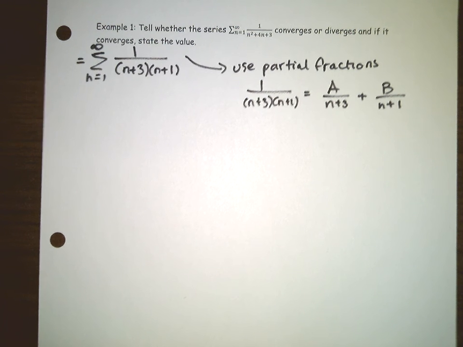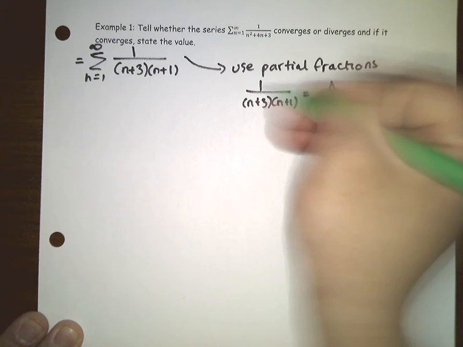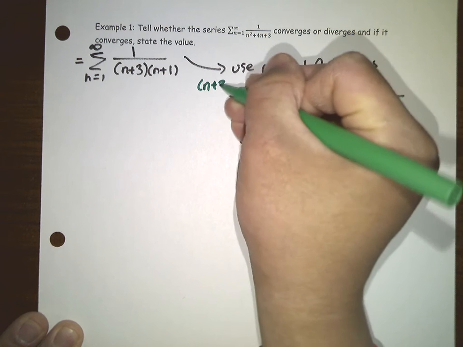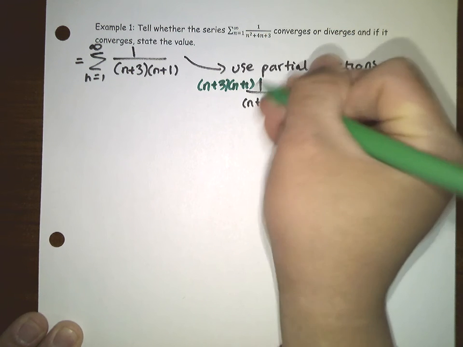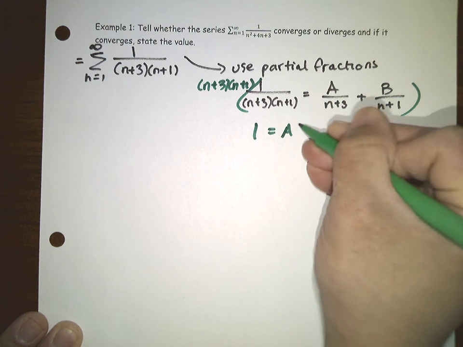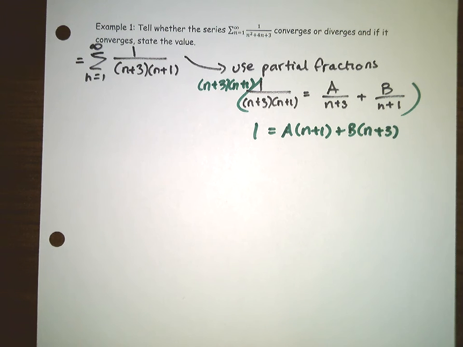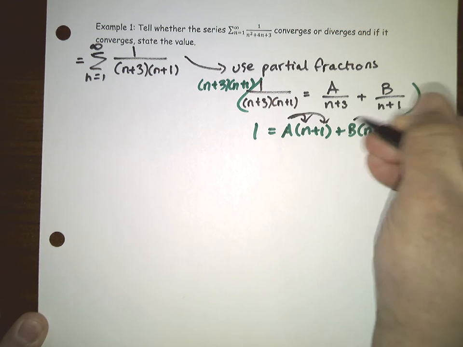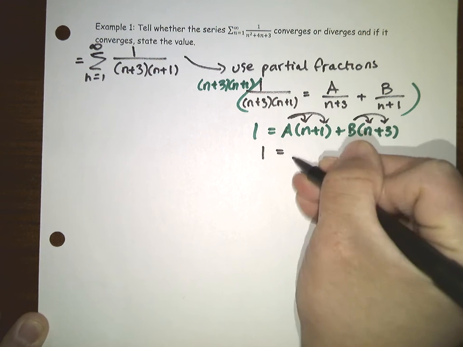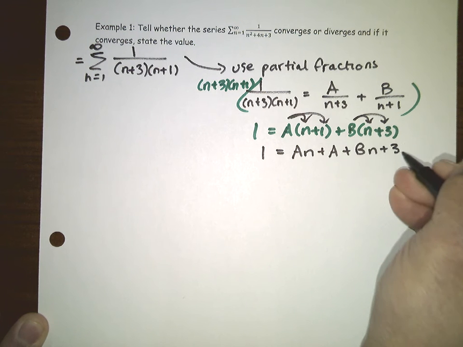It's up to you which method you would like to use, but if I use the basic equation method, n plus 3 times n plus 1 is the common denominator, so 1 is equal to A times n plus 1 plus B times n plus 3. Then I'll distribute the A and the B. So 1 is An plus A plus Bn plus 3B.